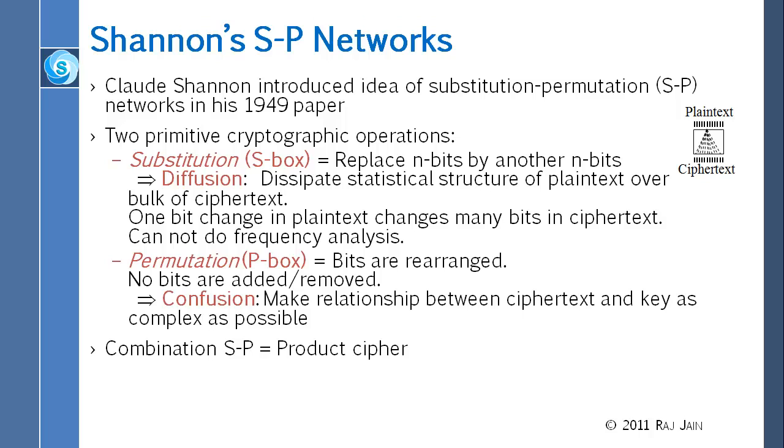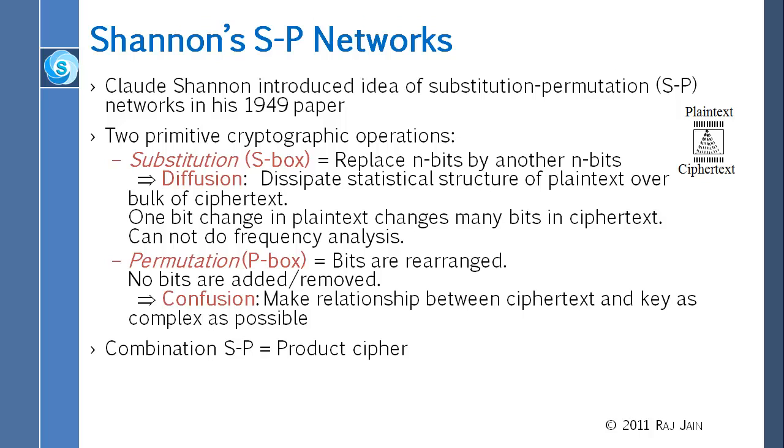Second thing is permutation. We also learned that last time, permutation, rail fence and things like that, where you change the characters in different places. Well, today we will learn even more complex permutation, where the bits will be moved around so that things look very complex. And you do this in a product manner.